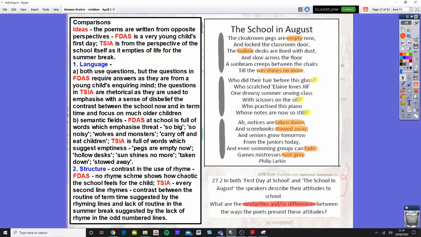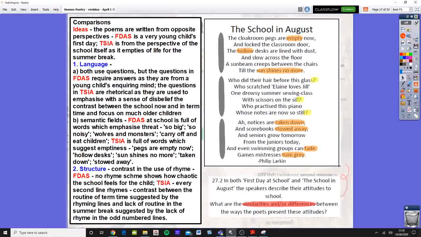So we've got so big, so noisy, wolves and monsters, carry off and eat children. So there's lots there you can talk about that suggests threat. Whereas in School in August, we've got words that suggest emptiness. So pegs are empty now, hollow desk, the sun shines no more, taken down, stowed away. It's all about things not there anymore. Okay, so obviously quite different in word choice, which is a contrast.